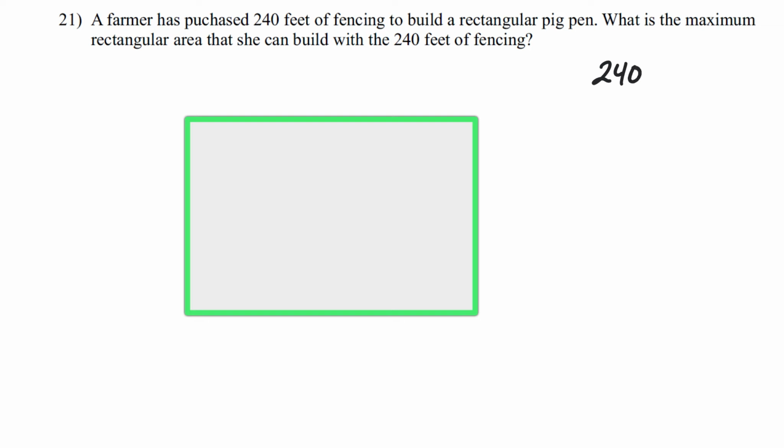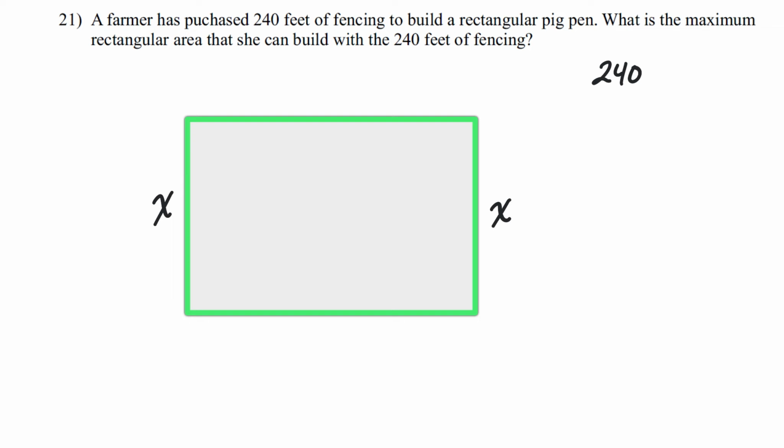Now, a rectangular fencing is 4 sides, and we don't know what those sides are. Here's what we do know, though. Whatever this side is, if this side is x, let's just say, if it's rectangular, that would mean this side is x. Whatever those are, they would be the same amount. Now, the top and the bottom are going to be what's left of that.